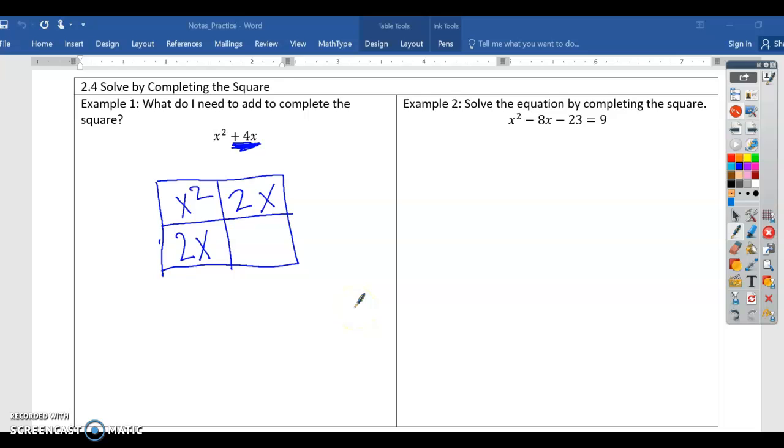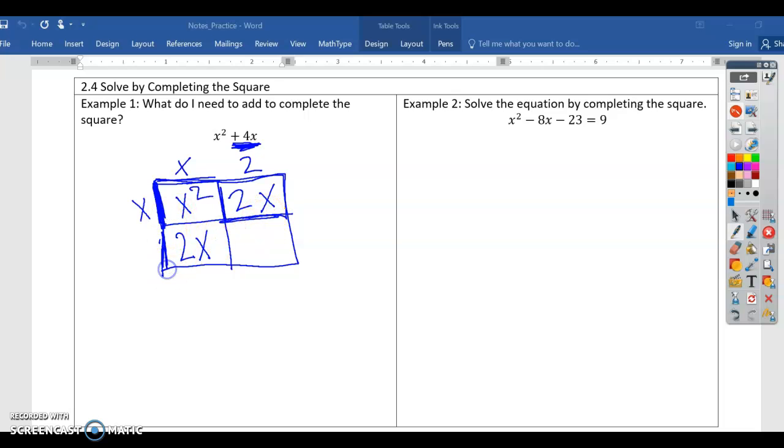So this x squared is the area of my square. This is the length and this is the width of this little box, and the length and the width is x and x, because x times x is x squared. What is the length and width of this little box? Well, we know that this side is x, so this side has to be 2, because 2 times x is 2x.